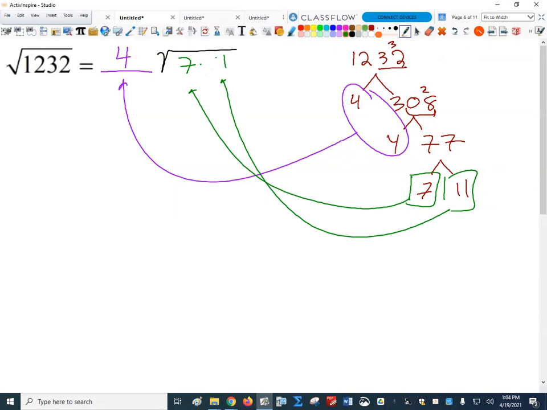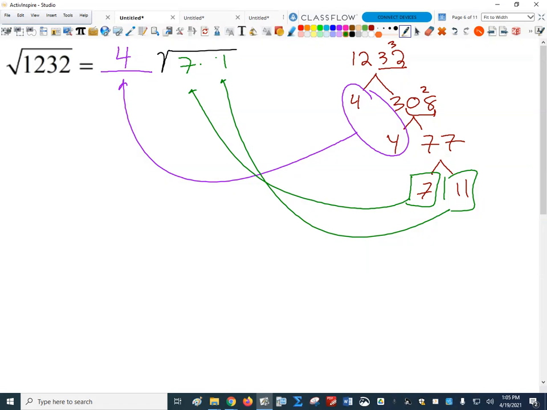So I could have broken each of those into 2s, couldn't I? I could have said, let's break that 4 into a pair of 2s and this 4 into a pair of 2s. But then I would have just gotten a pair of 2s and a pair of 2s. So I would have had a 2 and a 2 out front, which is just a 4. So what's the moral of the story? Do you really have to go all the way down to prime factors? No, we just have to go down until we can see couples and singles.